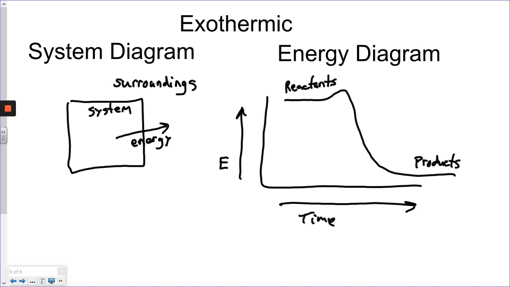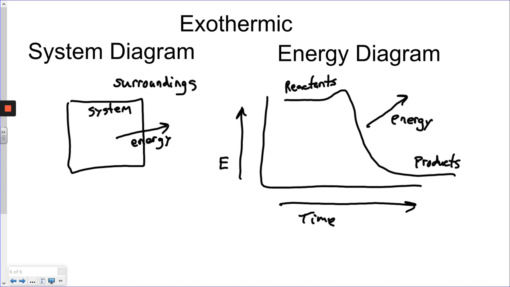Now in this situation, we start off with reactants, and it's kind of like a ball rolling down a hill. The ball has a lot of potential energy up here, but by the time it gets down here, what has happened to all that potential energy? Okay, it's left. It has actually exited the system. So an exothermic energy diagram would look something like this. This is like when we combust methane.